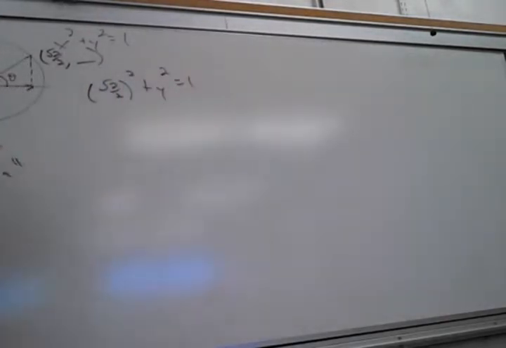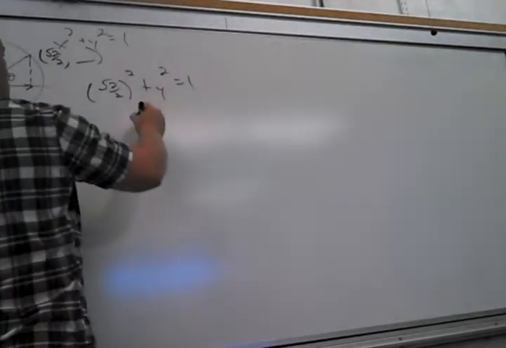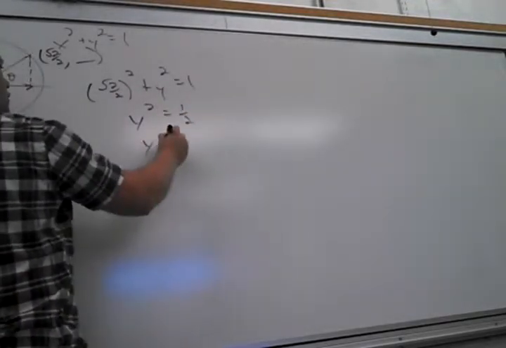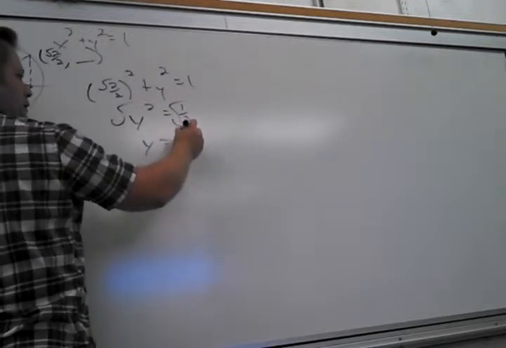Some of the homework is probably going to say verify that this point lies on the unit circle. That just means plug them in and show that it equals 1. So what do you get when you square root 2 over 2? 2/4, so 1/2. So 1 minus a half is 1/2, and then the square root of 1/2 is 1 over root 2.